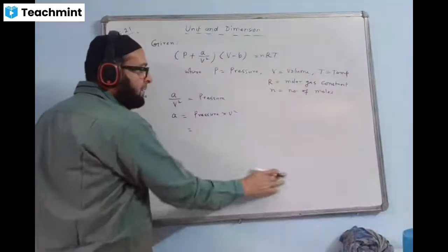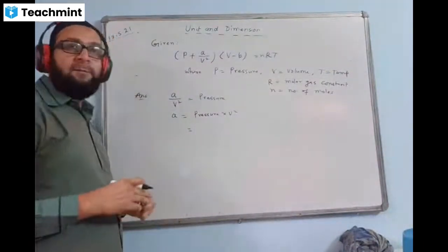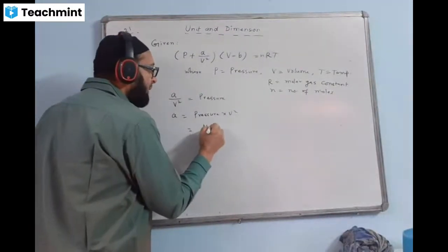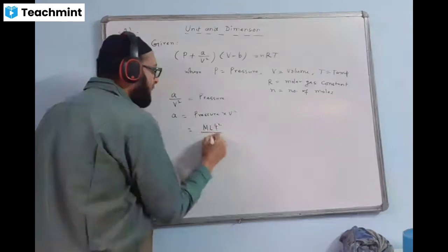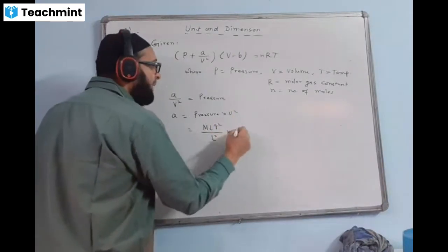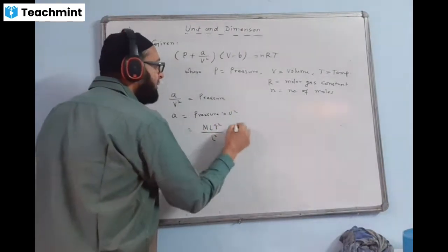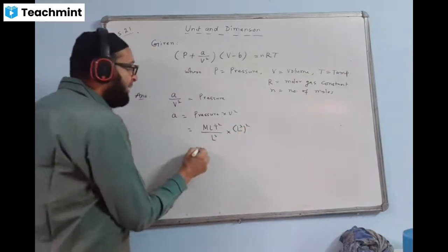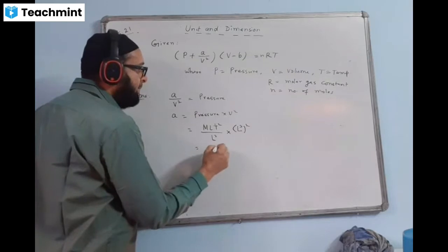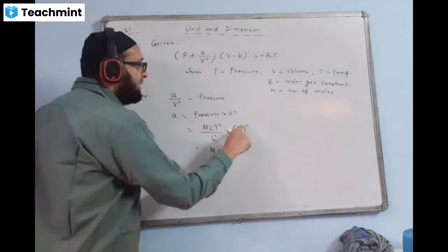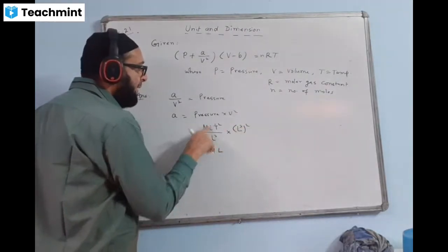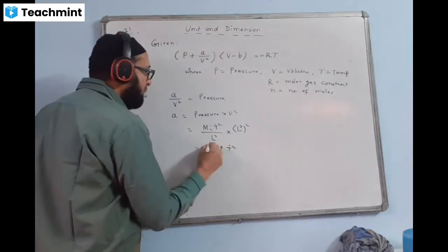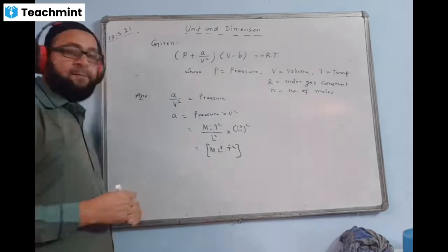Dimension of pressure is force by area. Force is MLT⁻², area is L², and V, volume, is L³, and there is a square, so L⁶. Let us simplify. M L^(−1) T⁻² times L⁶: the power of L becomes 6 minus 1, which is 5, and T is minus 2. So the dimension of a is ML⁵T⁻².